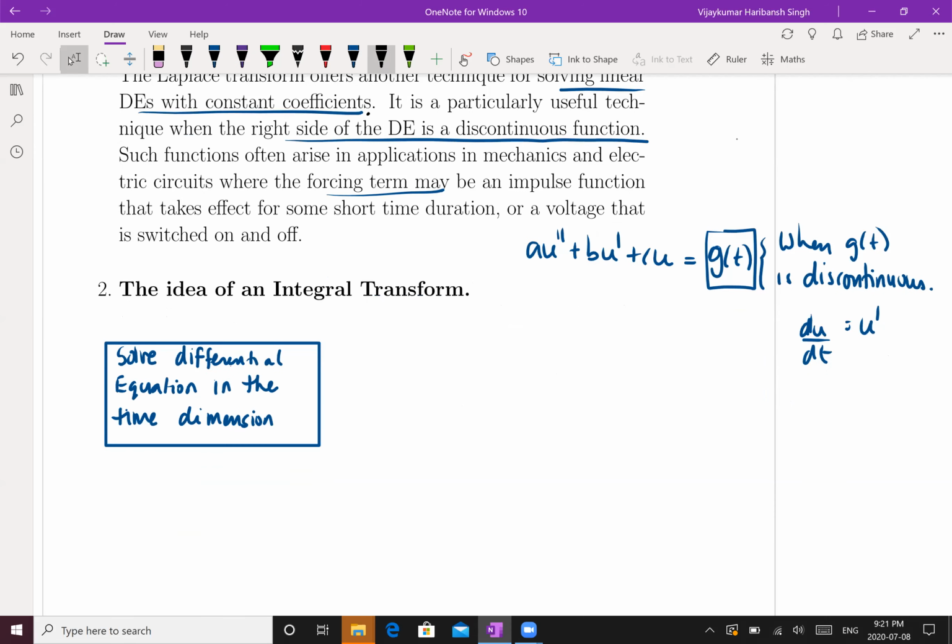So what you do now is apply an integral, so apply Laplace transform.